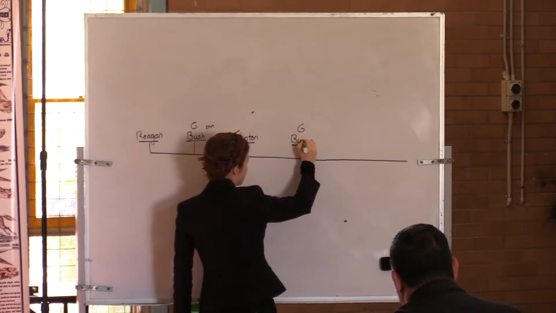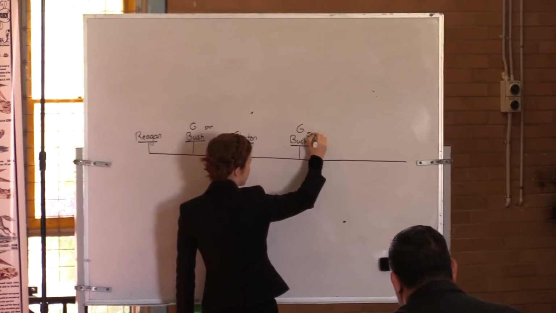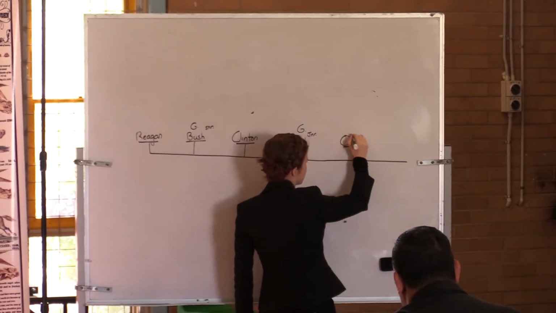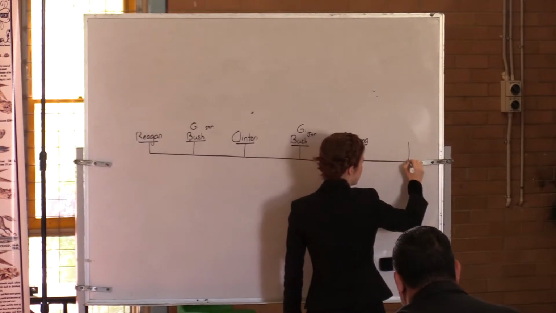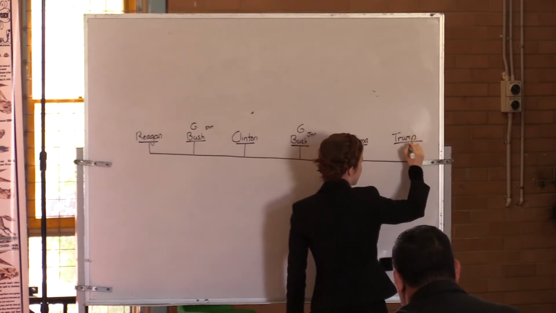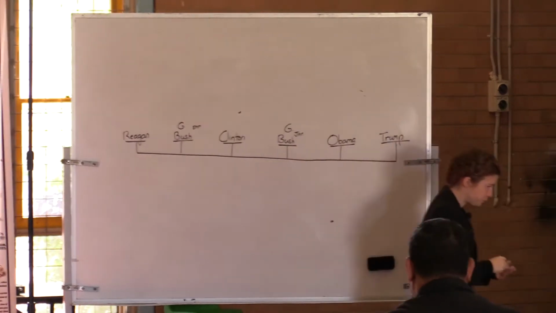George Bush Jr. Next president? Next president? So how many presidents? 6 presidents featuring on our reform line.